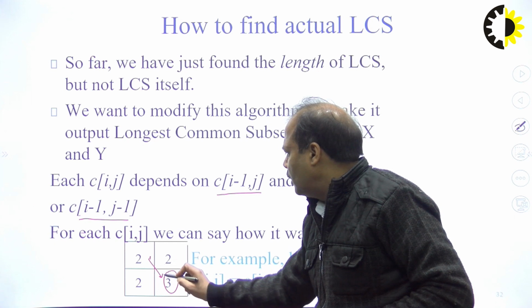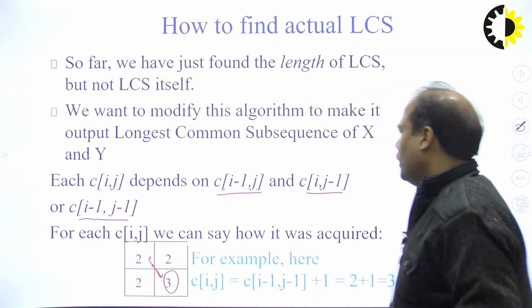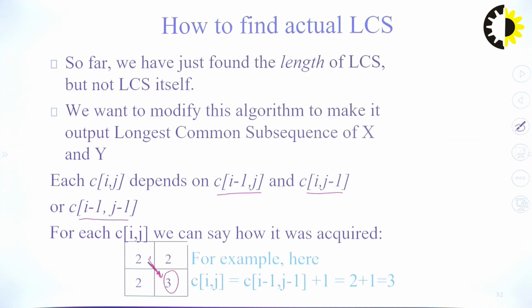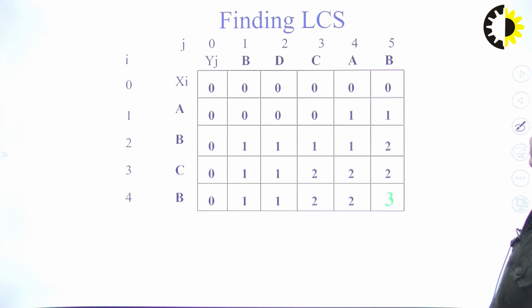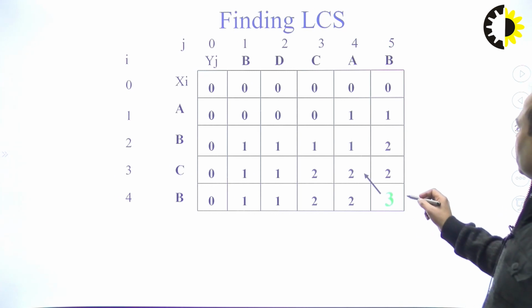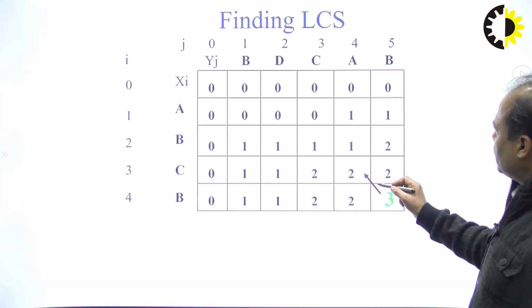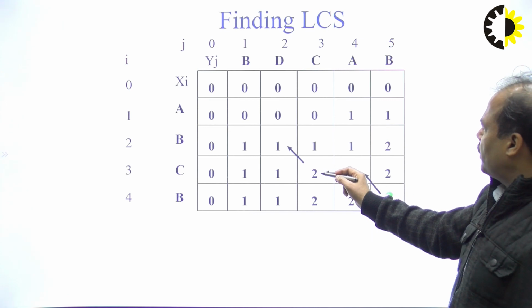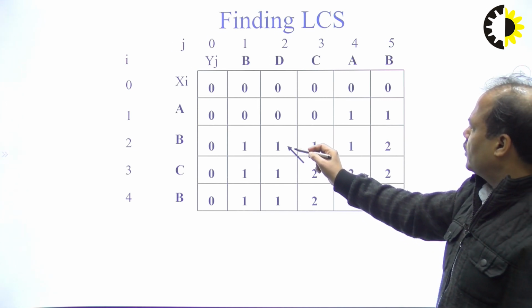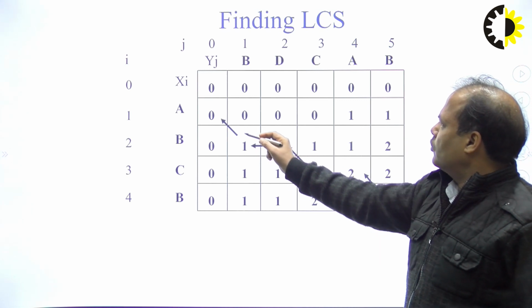So we can store this value and we can store the direction of the value also here. Look at here, this is how it is being done, because this one was computed from here, so you can go here, and again this was computed from here, we can go here.